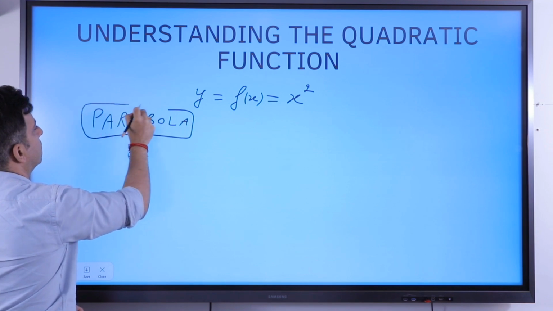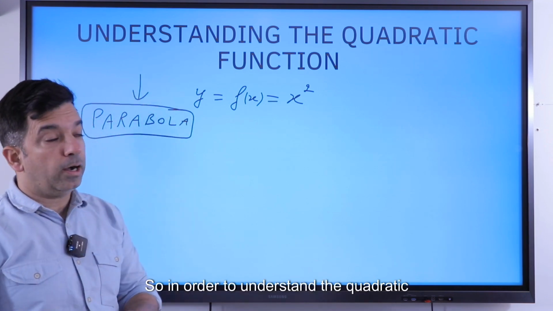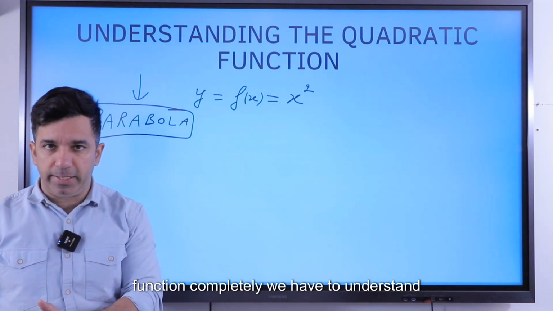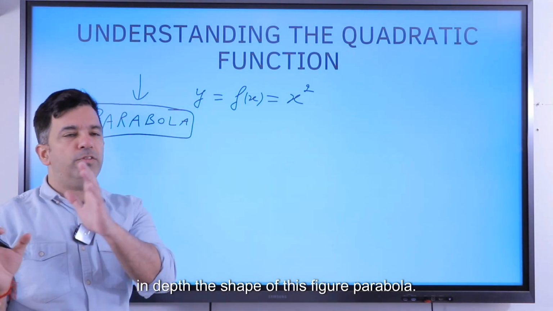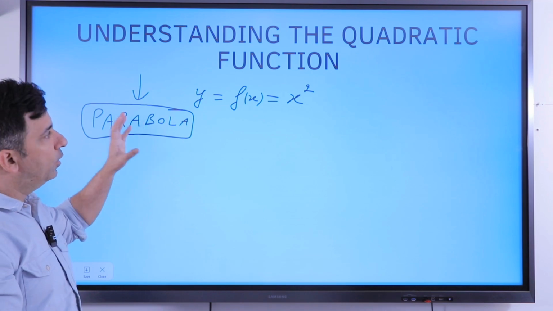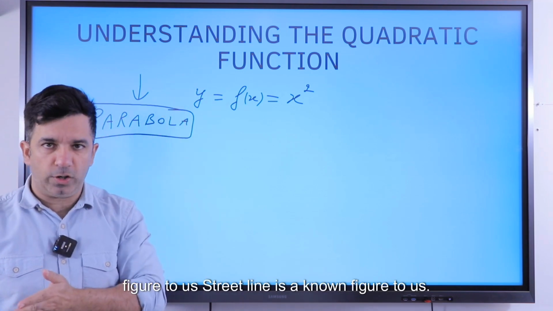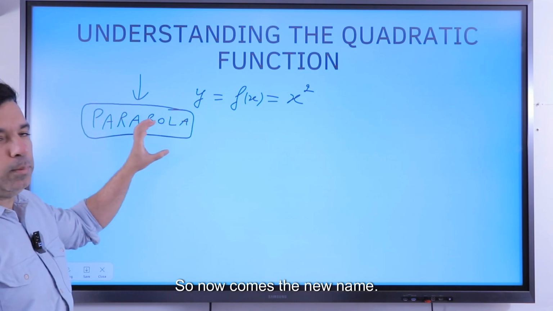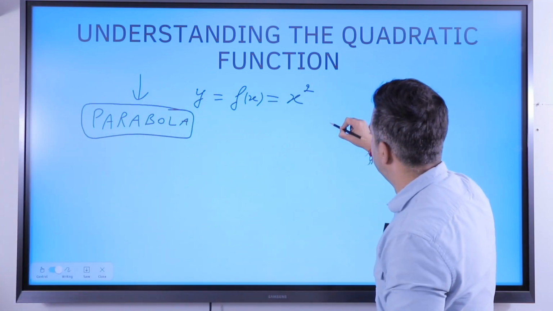This is our complete task. In order to understand the quadratic function completely, we have to understand in depth the shape of this figure, the parabola. Just like a circle is a known figure to us, a straight line is a known figure to us, now comes the new name, the parabola. A parabola is actually a curve like this.